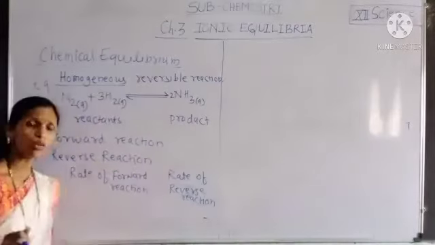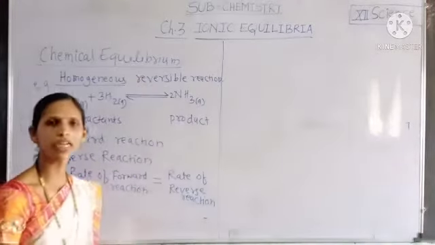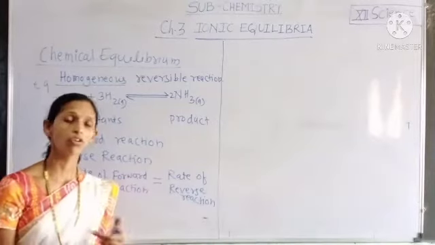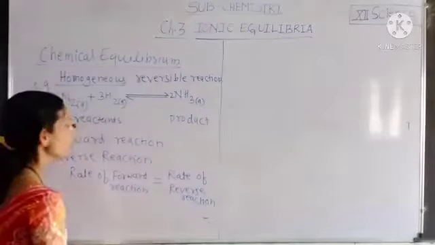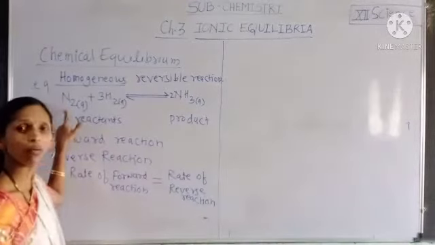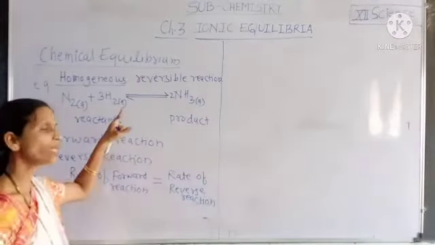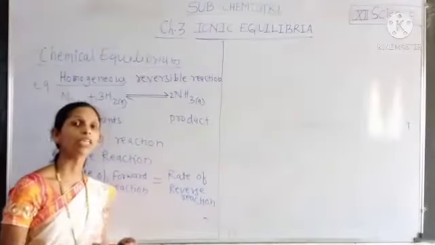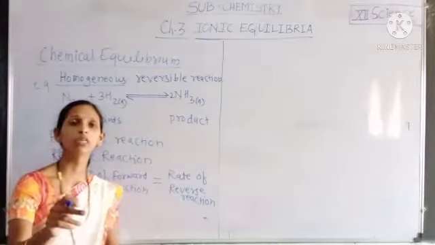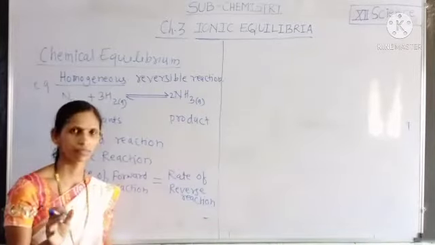Then one more concept related to chemical equilibrium, which all of you studied in the previous lecture: we can apply the law of mass action to any homogeneous reversible reaction. That means we cannot apply the law of mass action to an irreversible reaction.